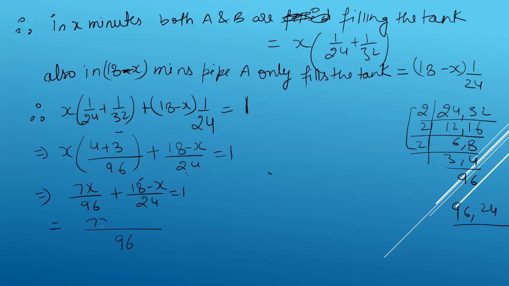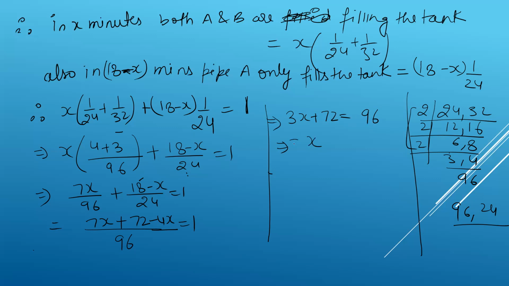You will get 7x plus 72 minus 4x equals 96. So 7x minus 4x becomes 3x plus 72, equals 96. Taking 3 common, x plus 24 equals 3 into 32 over 3, cancelled. You will get x plus 24 equals 32, which gives x equals 8.